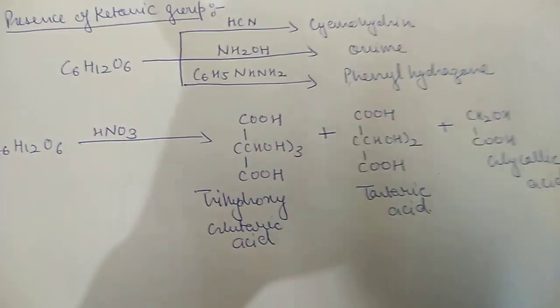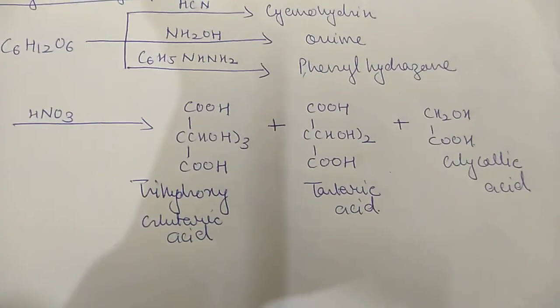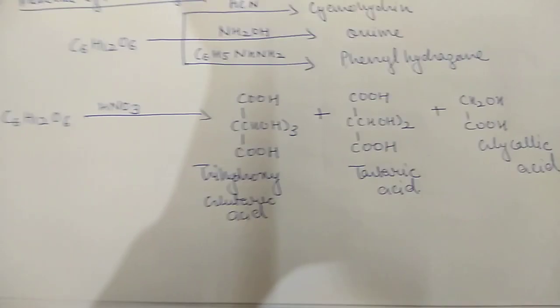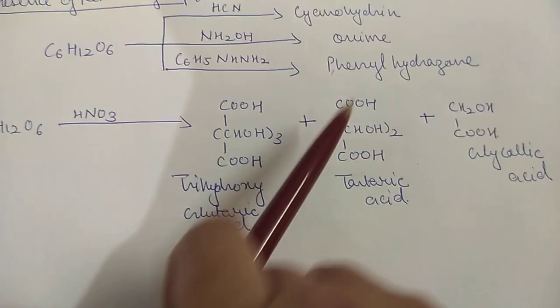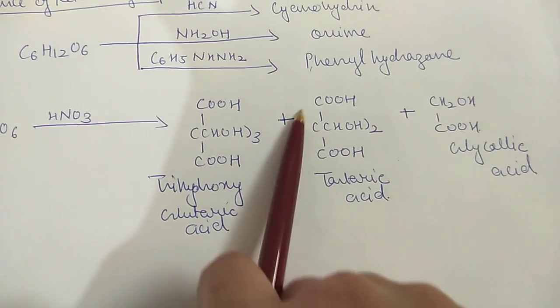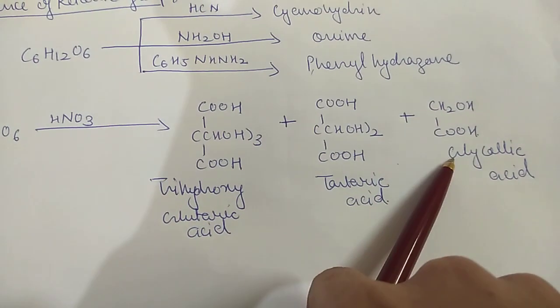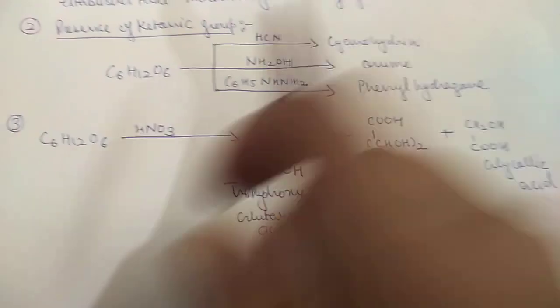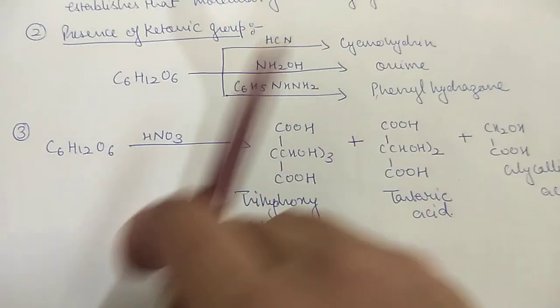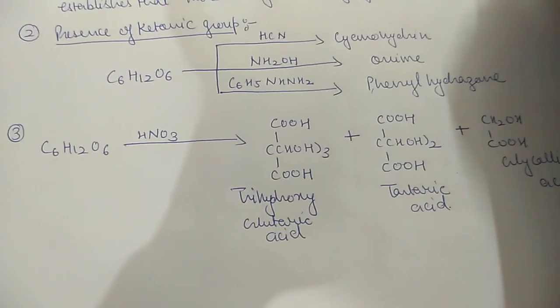We get acids with a smaller number of carbons, such as tartaric acid and glycolic acid, which also establishes that a ketonic group is present. This is the third proof for the presence of the C double bond O group.